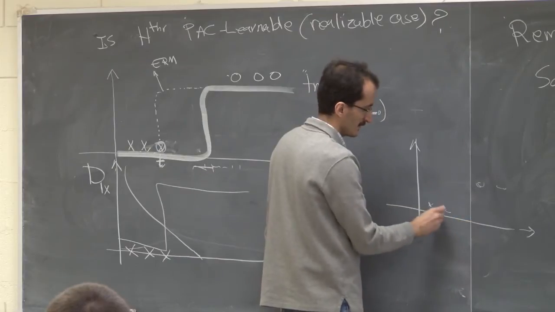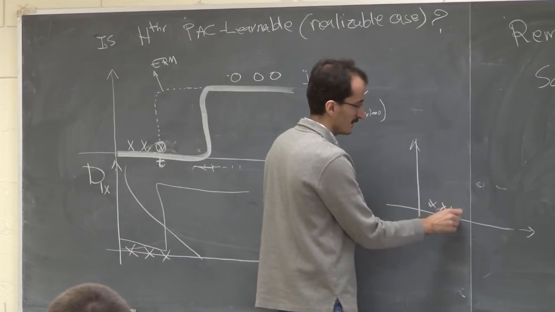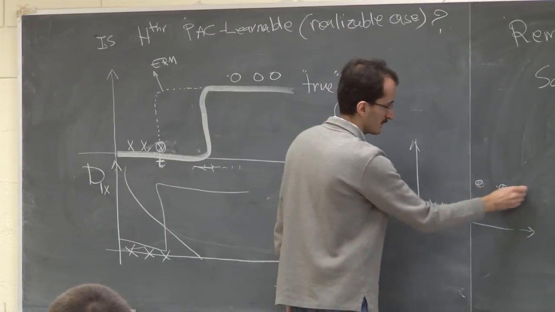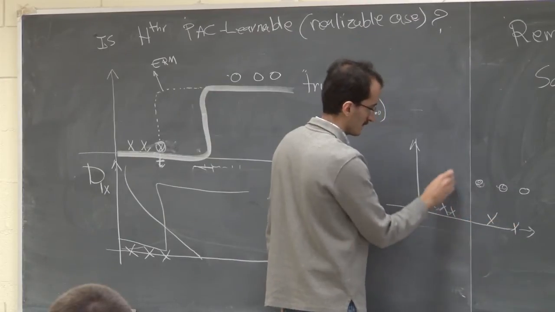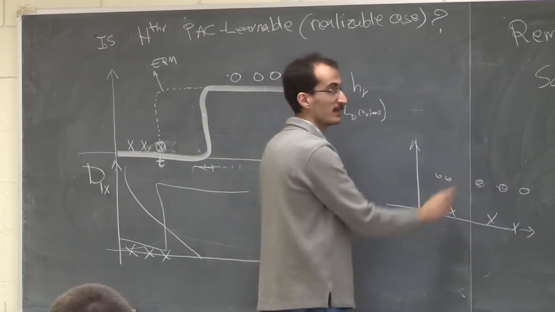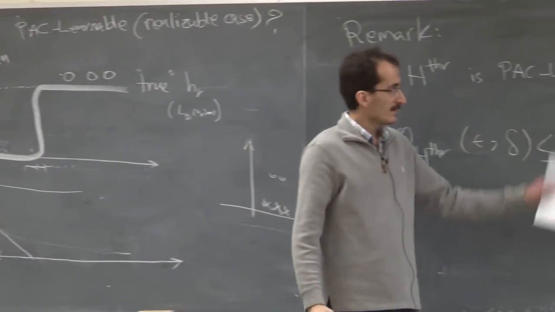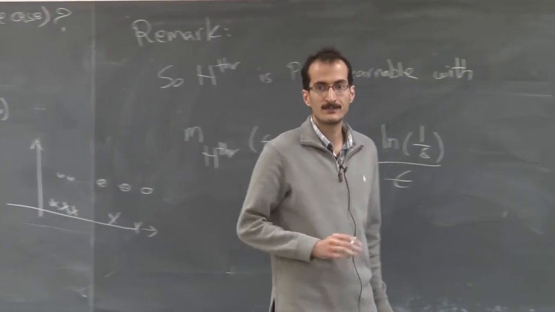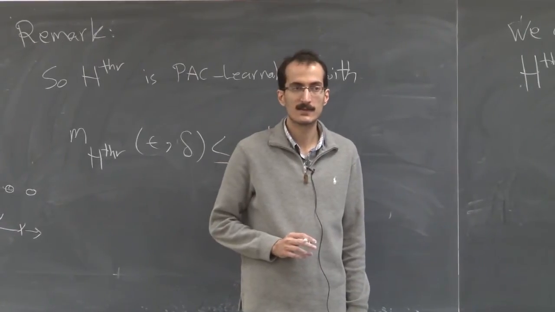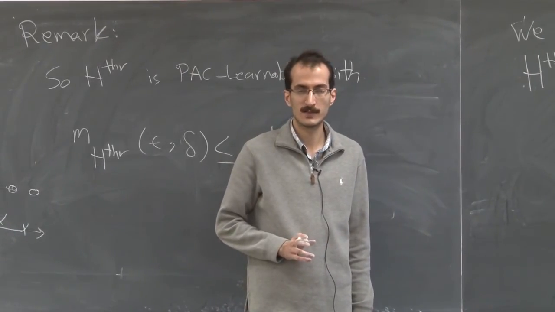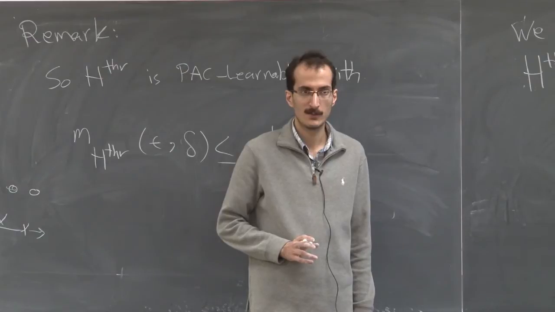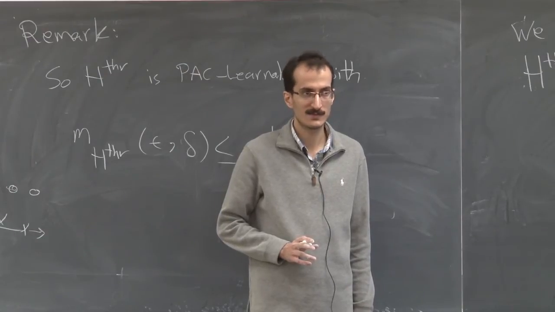They're all mixed. Some zeros here, some ones here. You need to find the best threshold with mixed things. Even in that case, it's PAC learnable. It can be proved. It's not that hard. Not that easy, maybe.